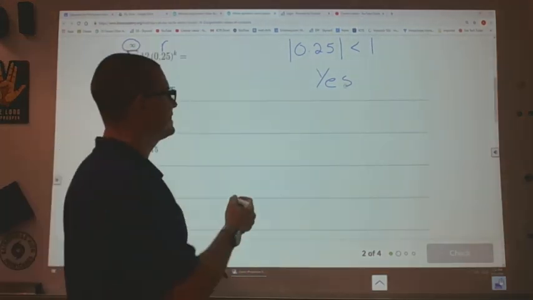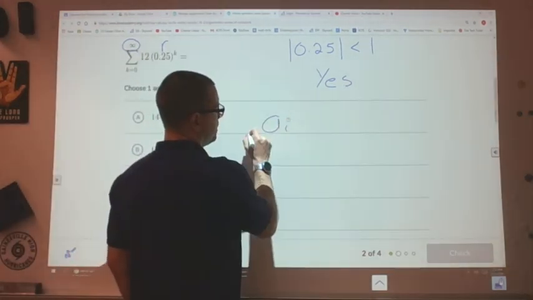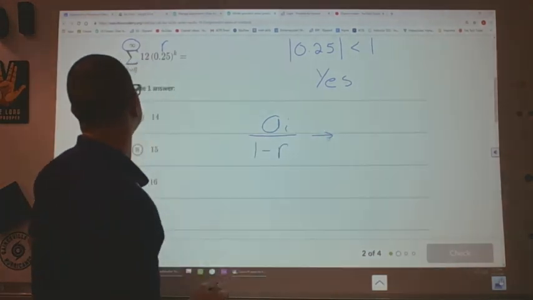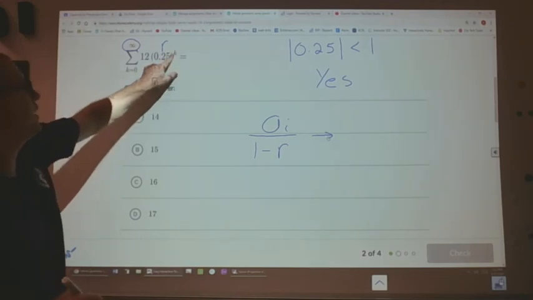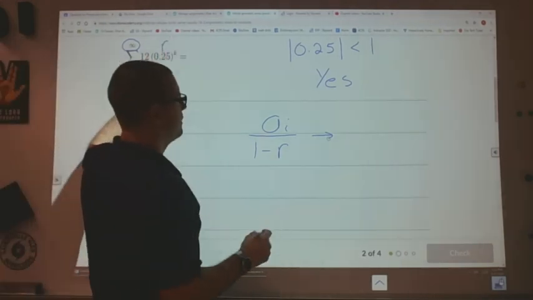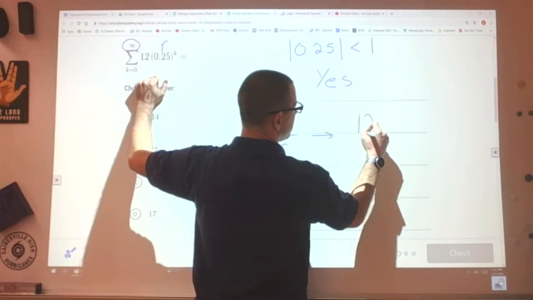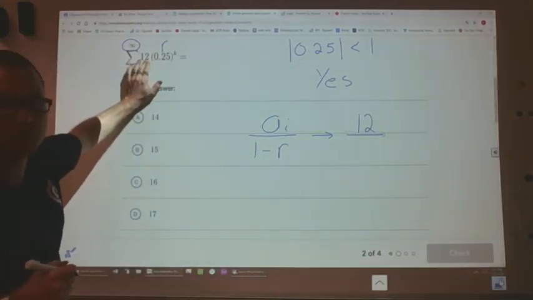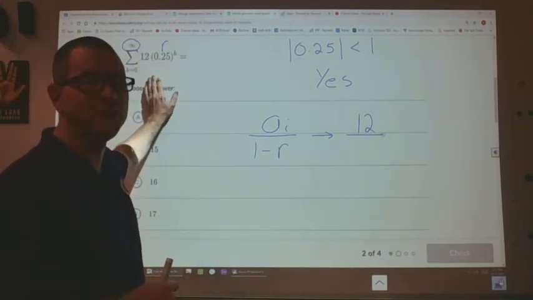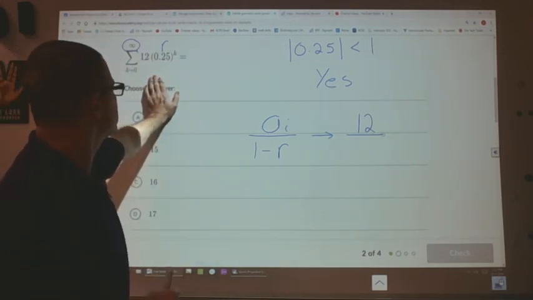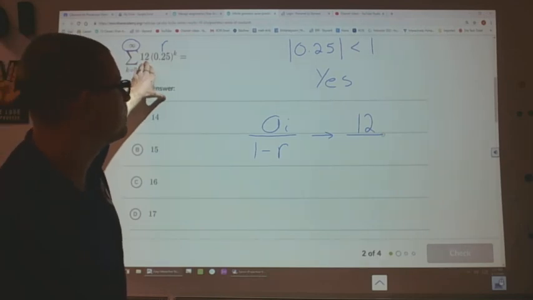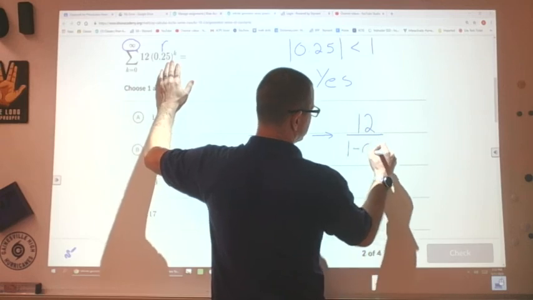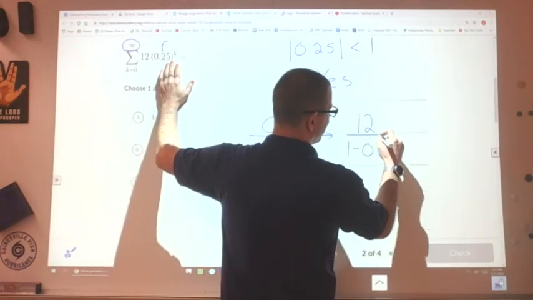I need to find a sub i, and then 1 minus r. So the initial term here, 0.25 to the 0 power is 1, times 12 is 12. Notice that I didn't just take that first number, but I actually plugged in the 0 to verify. That is my initial term. And then my ratio is 0.25, so 1 minus 0.25.